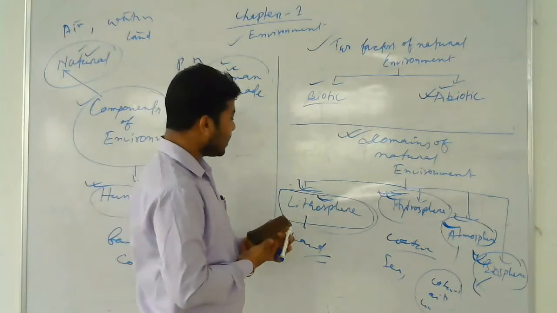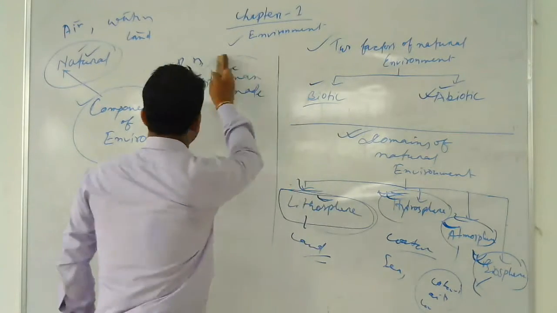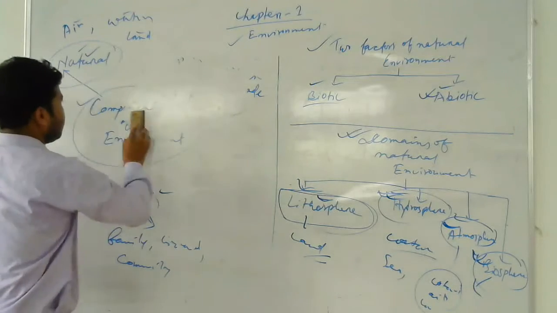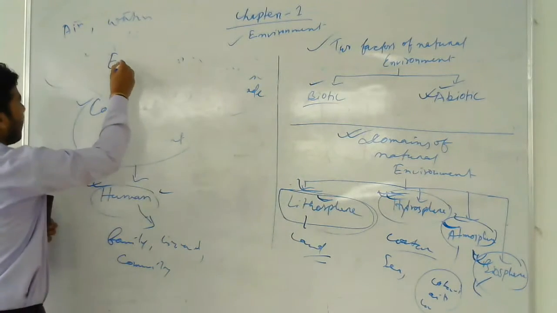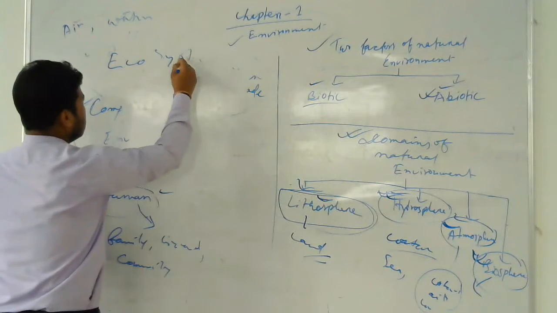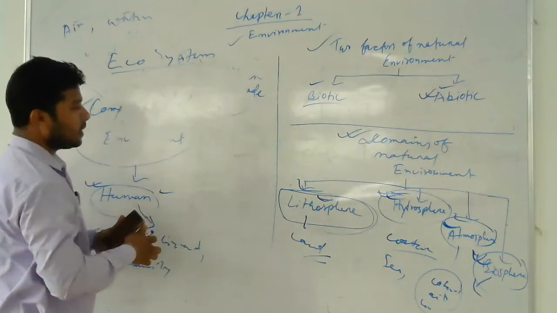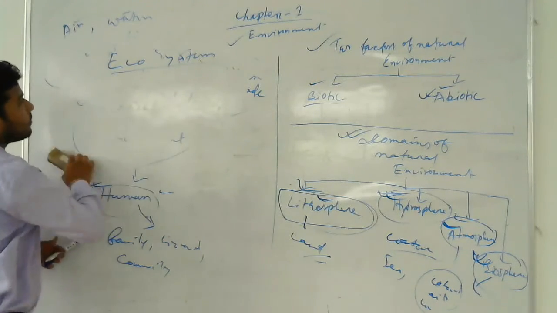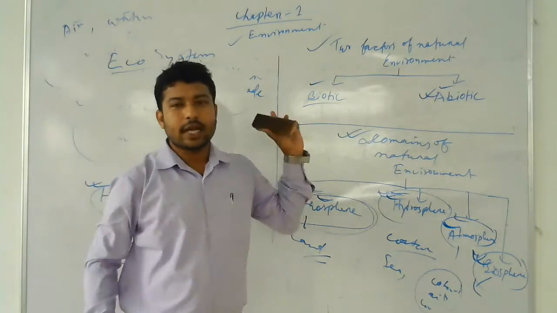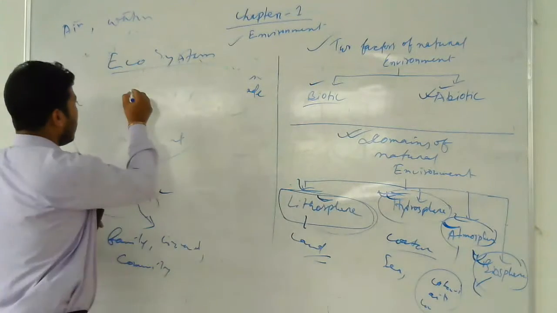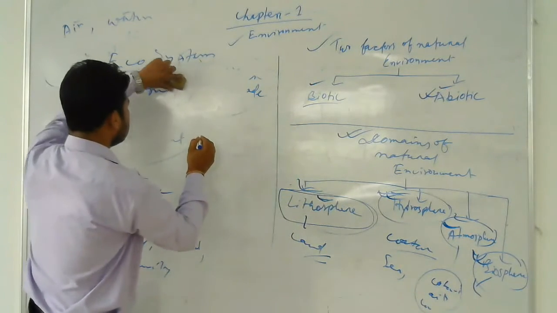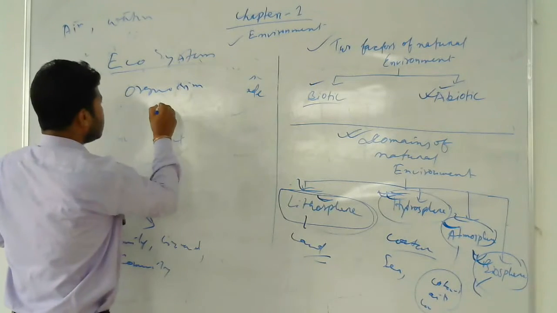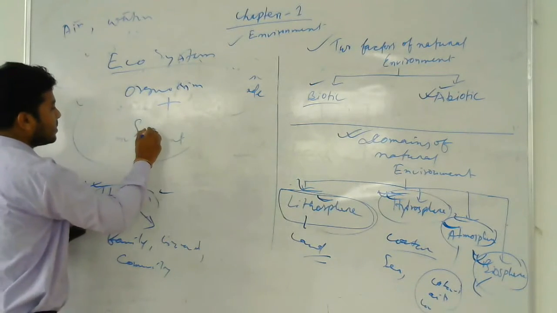After this, now we will discuss what is ecosystem. Next topic we will discuss is the ecosystem. What is ecosystem? Ecosystem means the relation between organism and the surroundings.